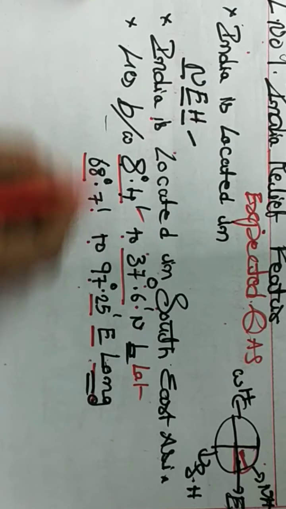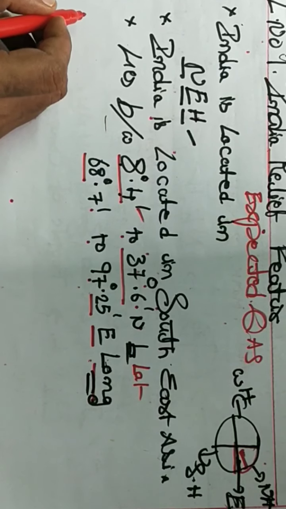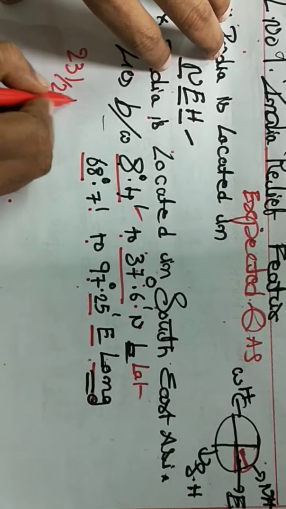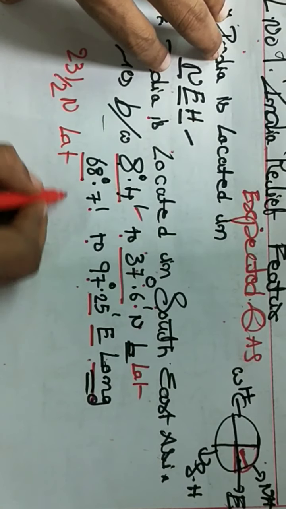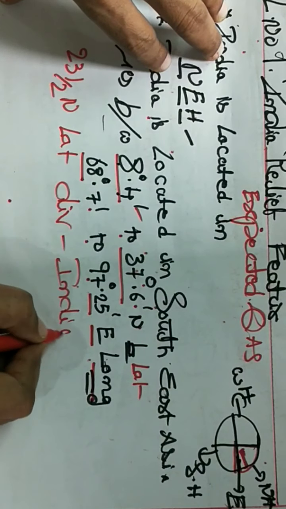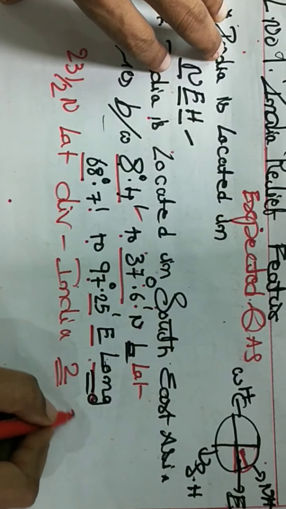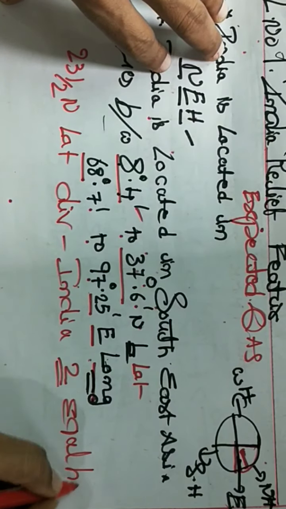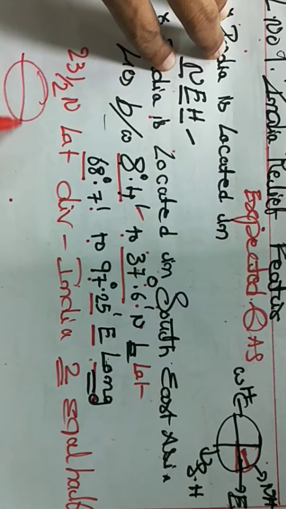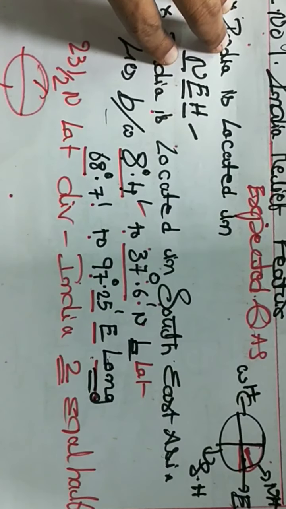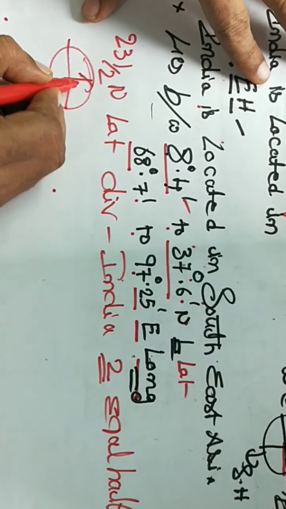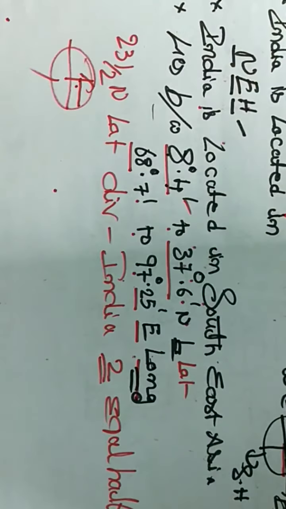And the Tropic of Cancer, 23½ degrees north latitude, divides India into two equal halves. So this is the northern hemisphere, this is the southern hemisphere. In this 1/4 part, one line is there.